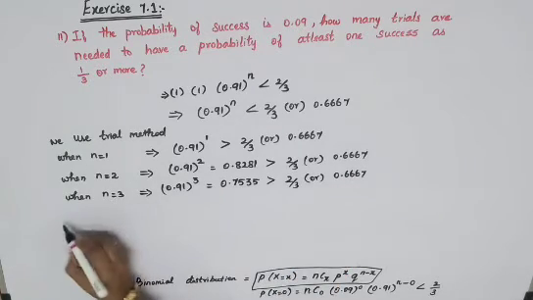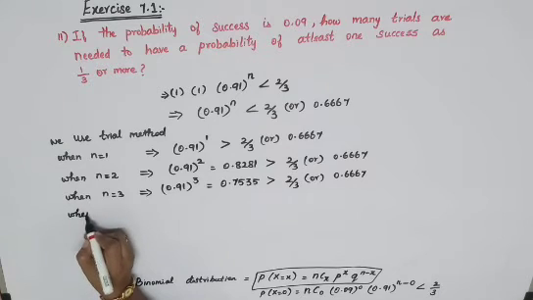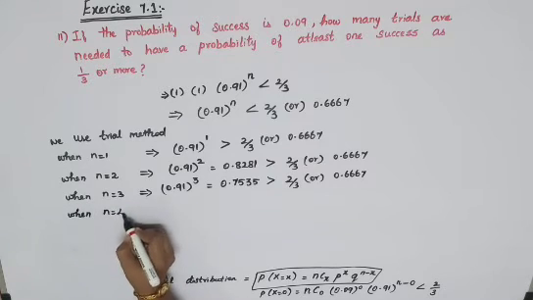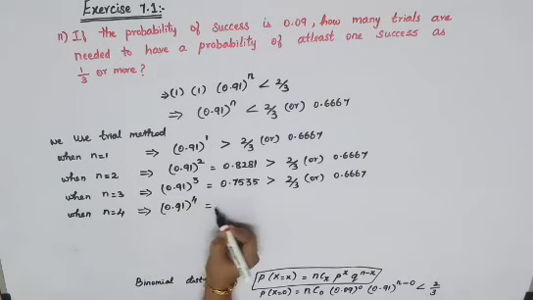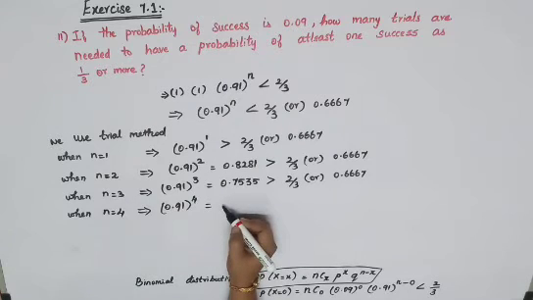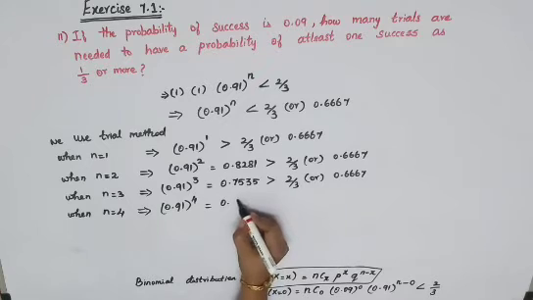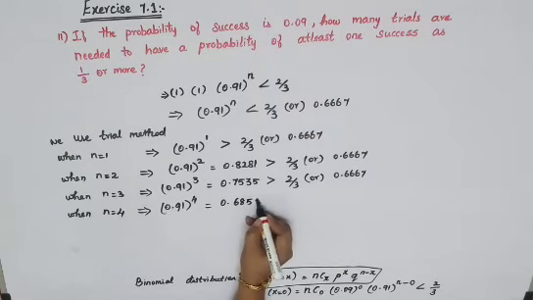Now when n is equal to 4, 0.91 the whole power 4, which is equal to, so 0.91 multiplied 4 times, you will get your answer as 0.6858.